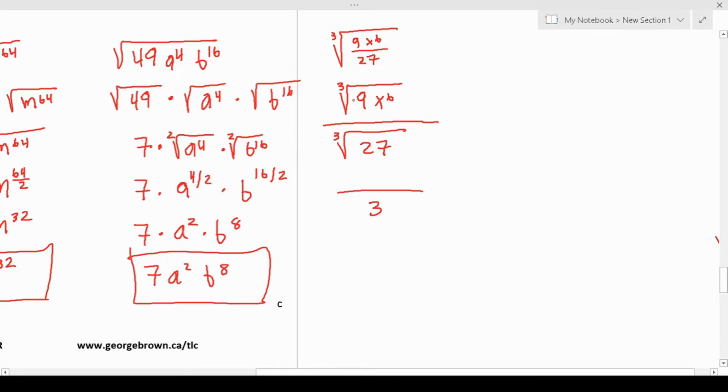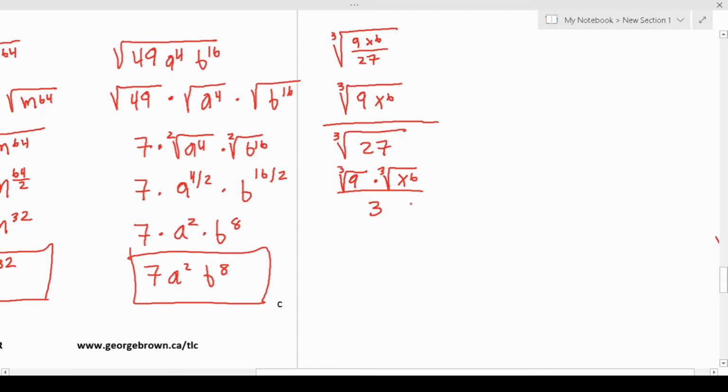And now we can use the first law of radicals to break apart this numerator, and that will become the cube root of 9 times the cube root of x to the 6th. Unfortunately, we can't rewrite 9 using prime factorization to cross out this index.